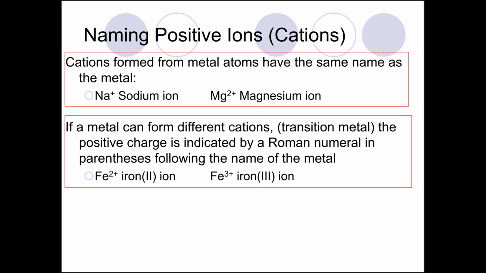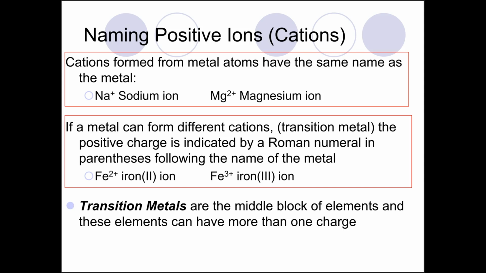You used to have to memorize every one of the elements that had more than one charge, learn its Latin name, and then name it based on its Latin name and the memorized charge. So I'll show you an example here in a second, but putting Roman numerals is really fine. So the transition metals, those are the middle block group of elements, group 3 through group 12, everything in between group 3 and group 12, and group 14. And they have more than one charge.